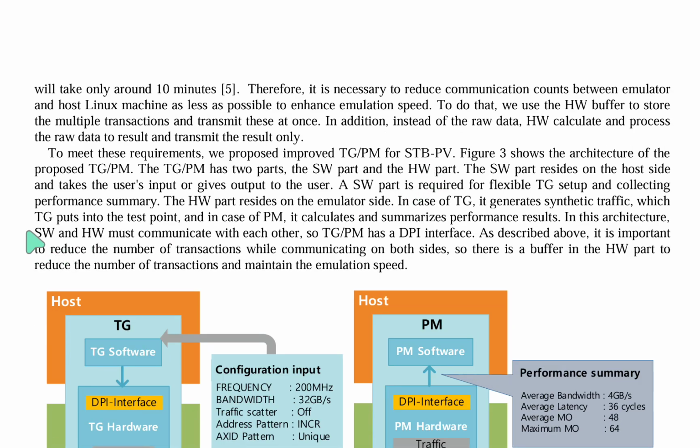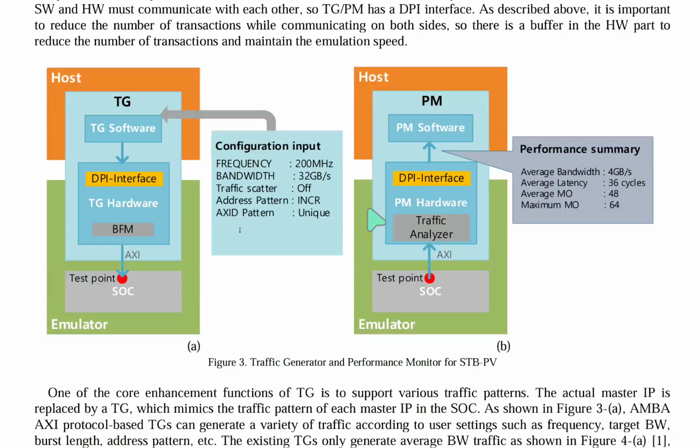In this architecture, software and hardware must communicate with each other, so the TGPM has a DPI interface. As described above, it's important to reduce the number of transactions while communicating on both sides. So there is a buffer in the hardware part to reduce the number of transactions and maintain the emulation speed.